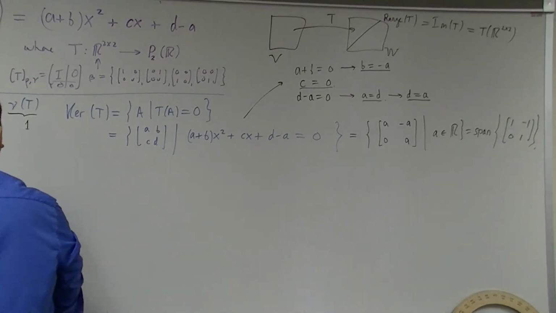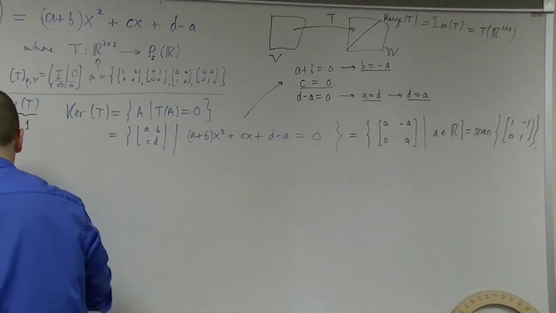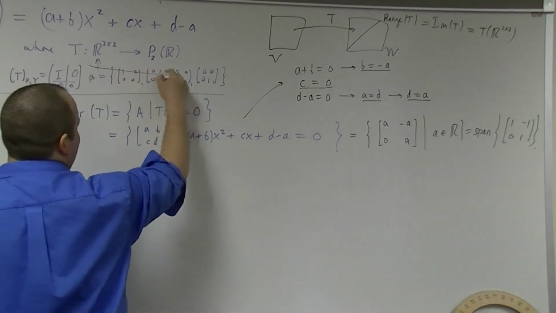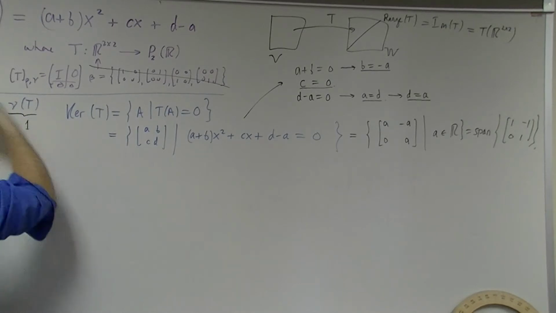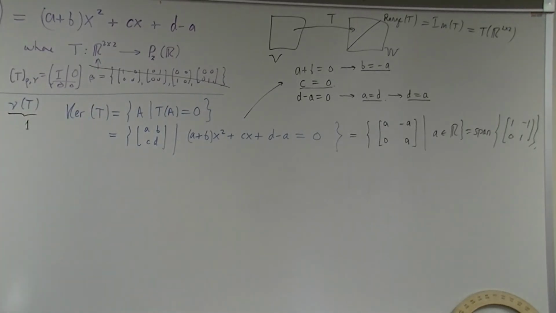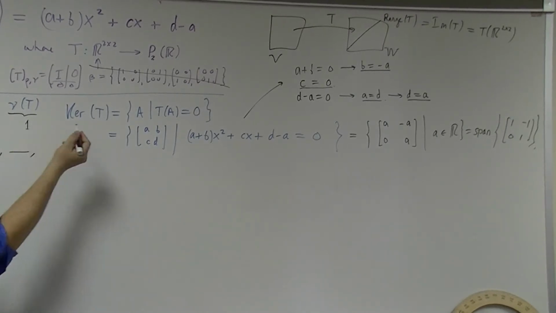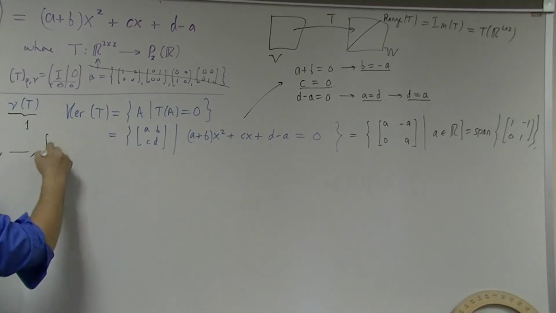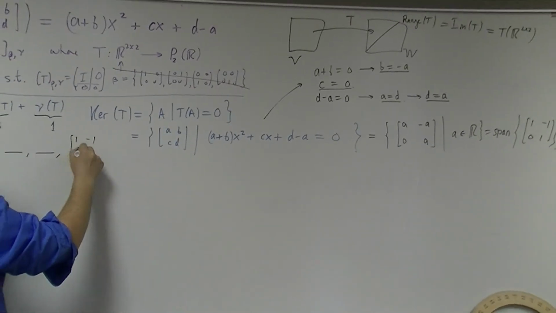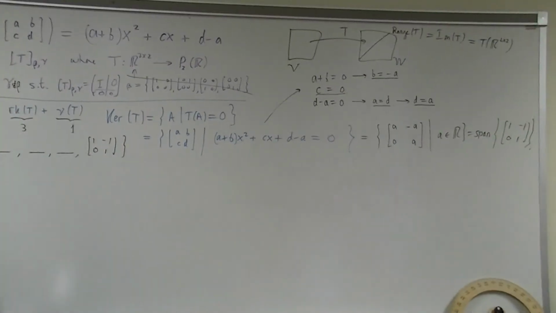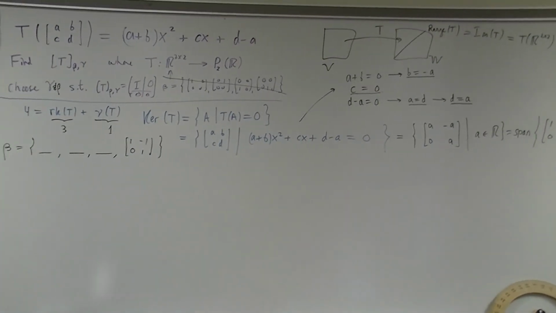Choose beta and gamma such that that. Oh man, now we have so much freedom, I don't even know what to do. But this much we know, we should choose beta equal to something, something, something. The fourth thing, I want to make that 1, minus 1, 0, 1. Because I know that will do what? What's the matrix of T look like?